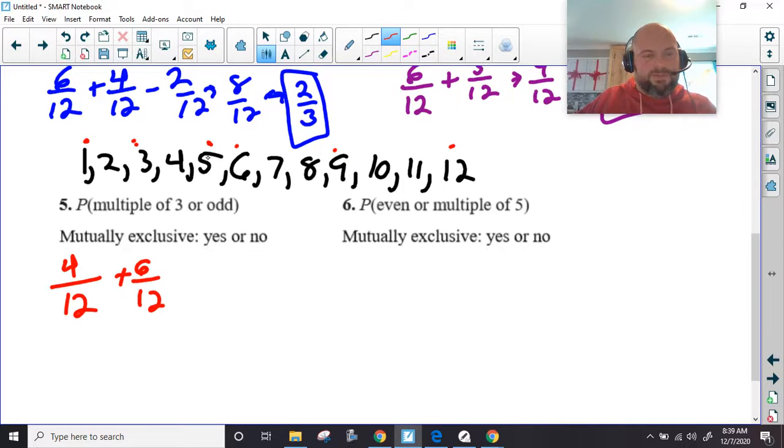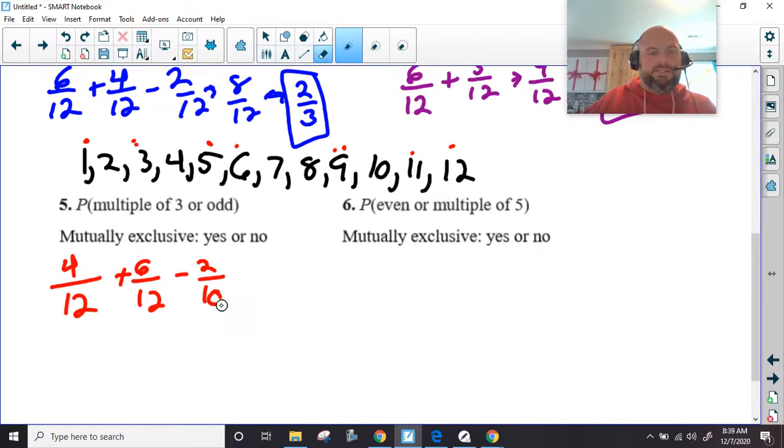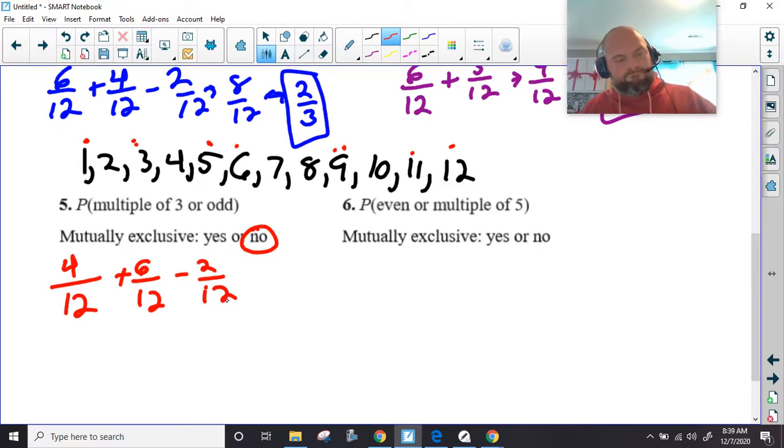And how many of them are multiple of 3? There's 2 of them. Okay, so we can subtract 2. This is not mutually exclusive. So this is going to be 8 over 12 again, or 2/3.